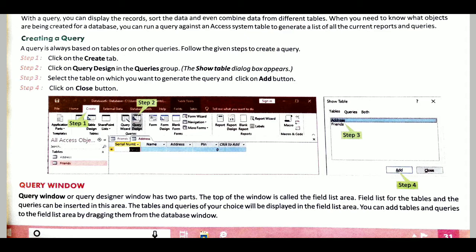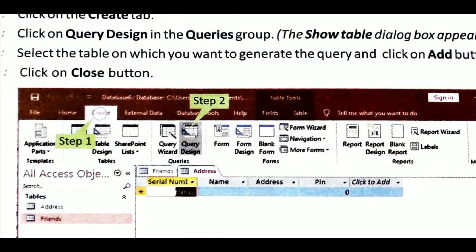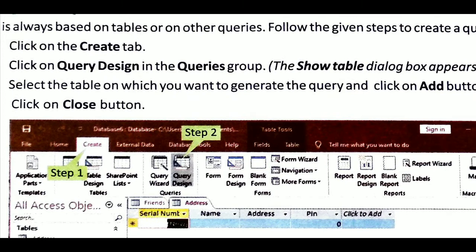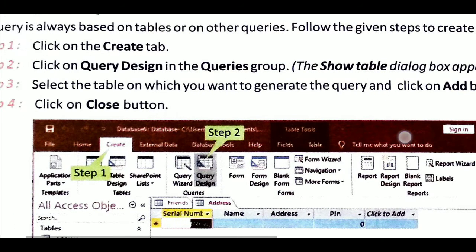A query is always based on tables or on other queries. Follow the given steps to create a query, to ask a question. Click on the Create tab. Once you open MS Access, here is the Create tab. Then click on Query Design in the Queries group.